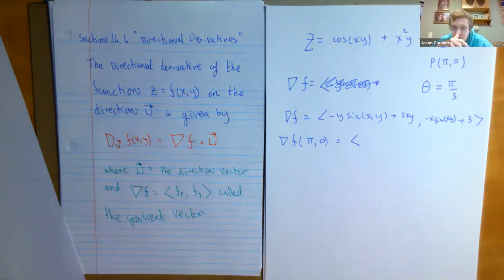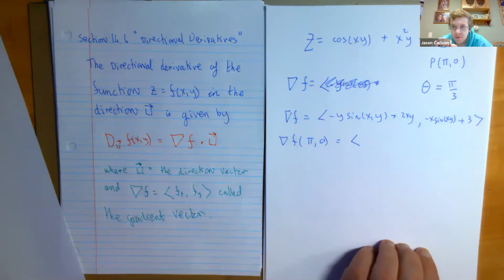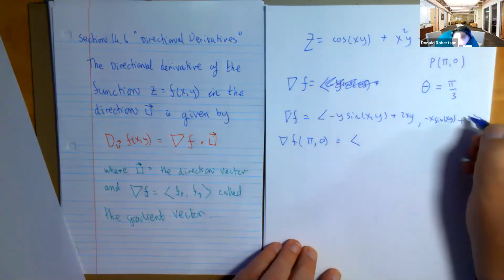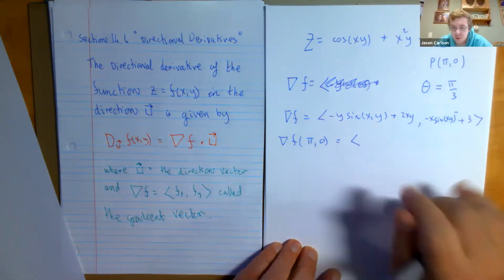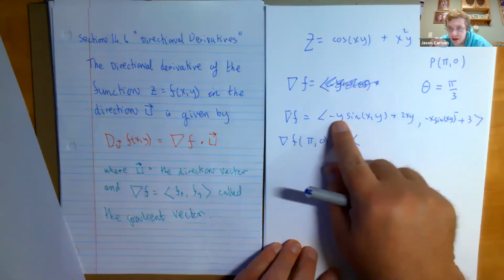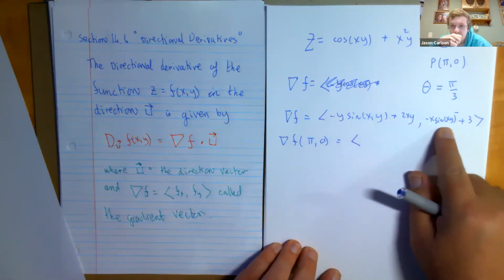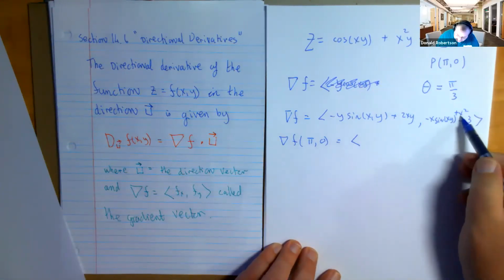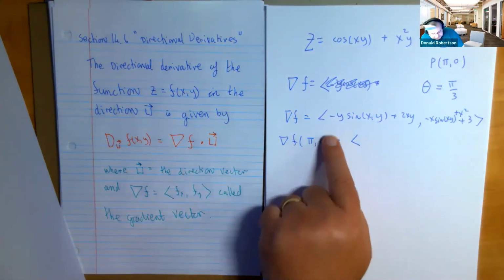For the y coordinate of the gradient vector, shouldn't that also have plus x squared? This one here? No, down at the bottom, the gradient of f should be negative x sine xy plus x squared. Here? Yeah, agreed. Take it slow, I'm going too fast for my own good.